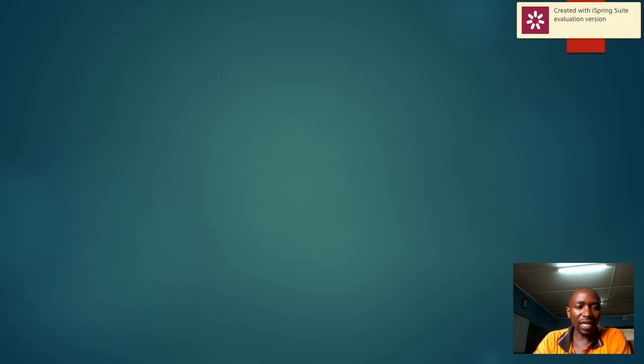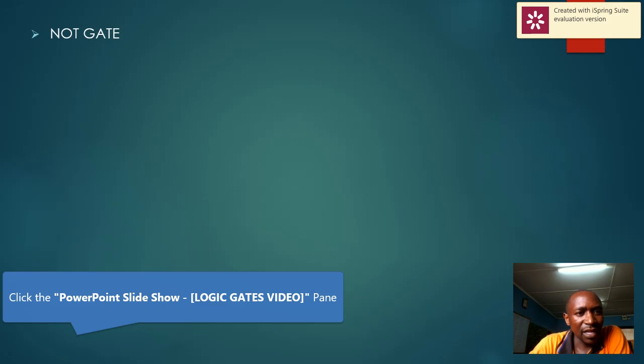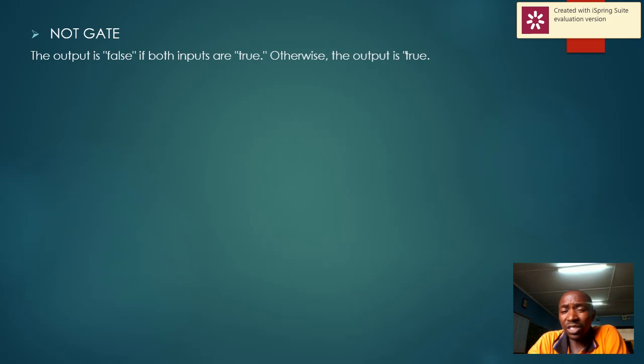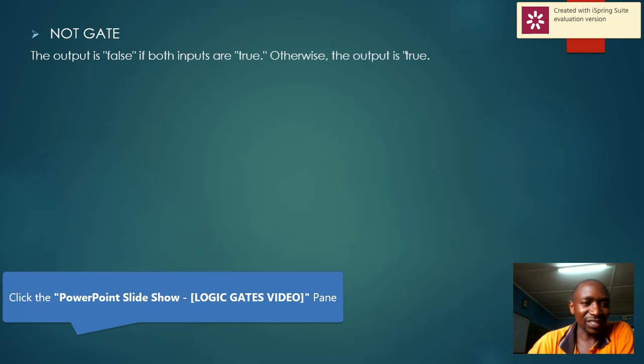All right, let's look at the other gate for today, which is the NOT gate. The NOT gate also has its own rule, where we are saying the output is false if the input is true. Otherwise, the output is true. Look at this.